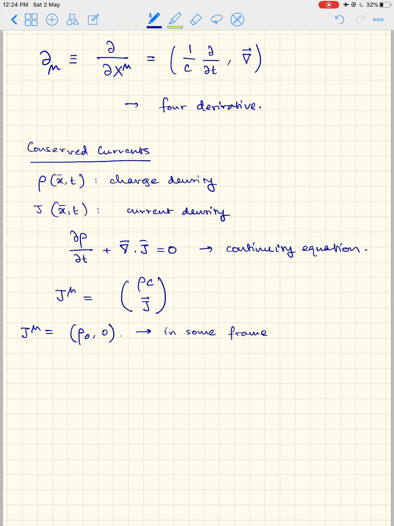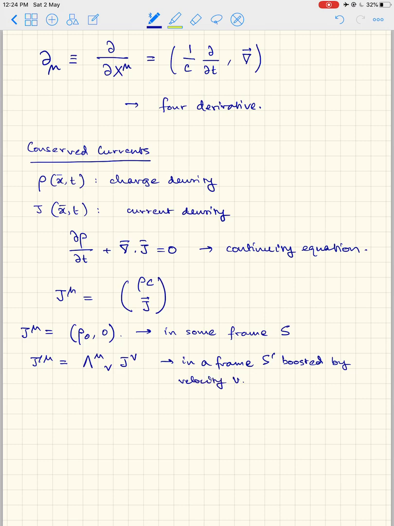So j primed mu is going to be, again, lambda mu nu into j nu. So this is in some frame S, and in a frame S prime, boosted by velocity v.